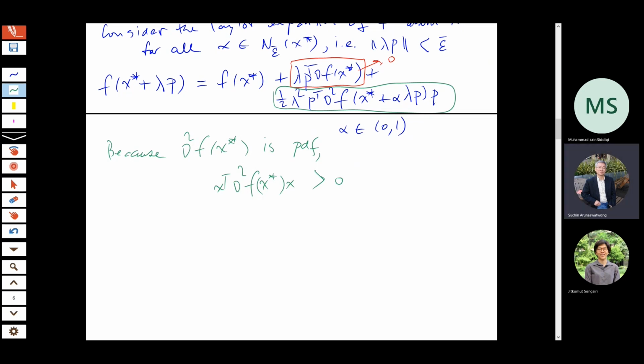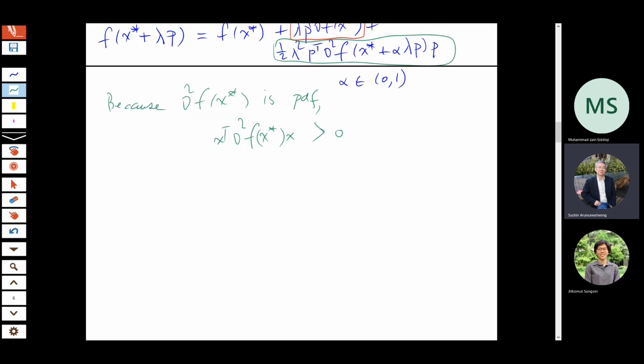And because this is continuous, therefore the positive definiteness cannot change immediately in the vicinity or in the neighborhood of the point x star.